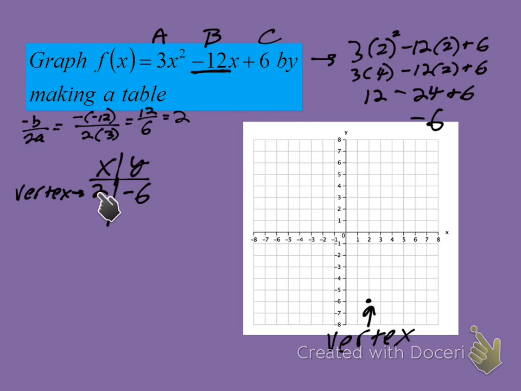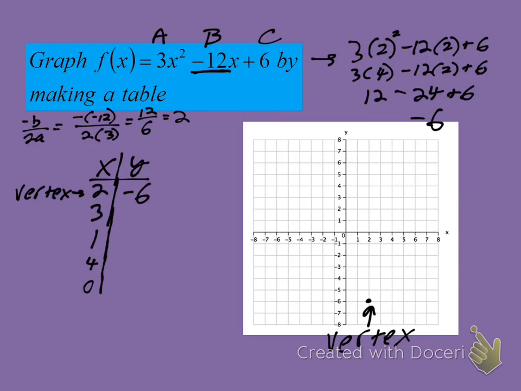We're going to go 1 up, 1 down. 1 up from 2 is 3, 1 down from 2 is 1. Then you go 2 up and 2 down. 2 up from 2 is 4, and 2 down is 0. So the x's are 0, 1, 2, 3, and 4.